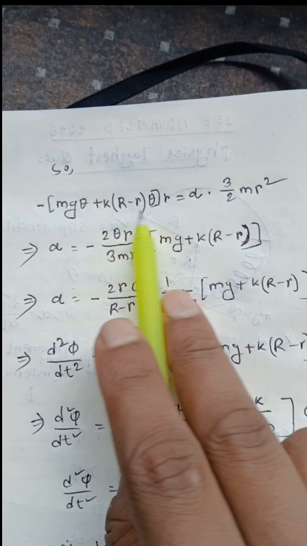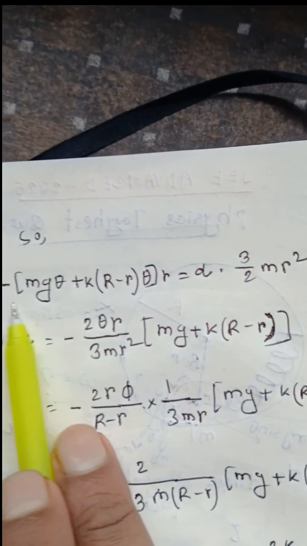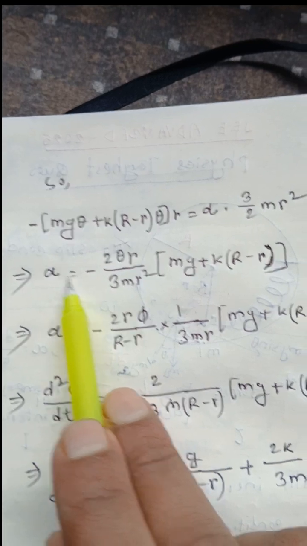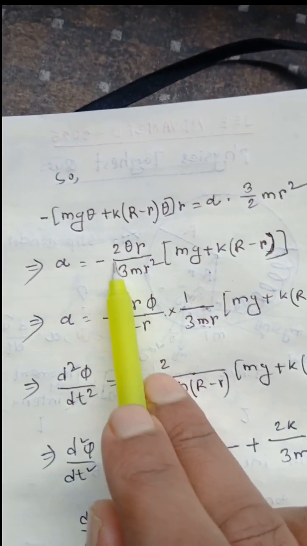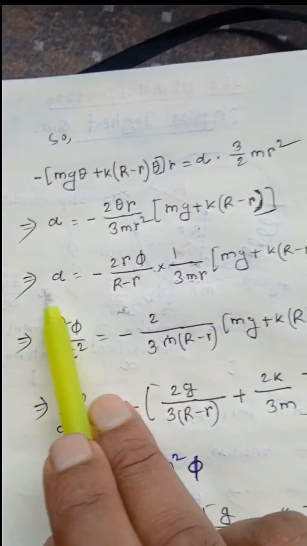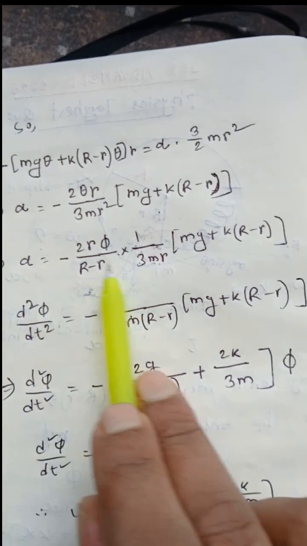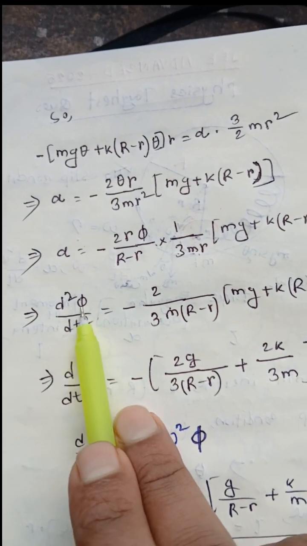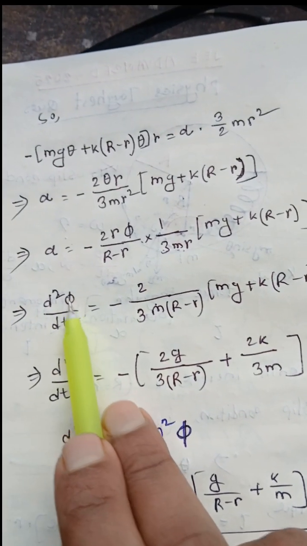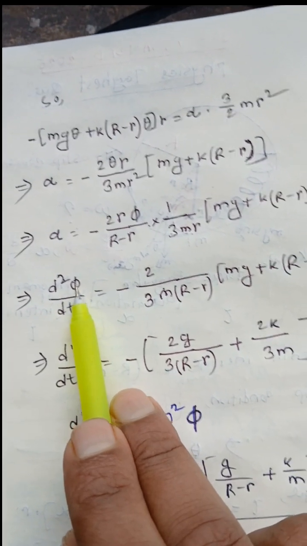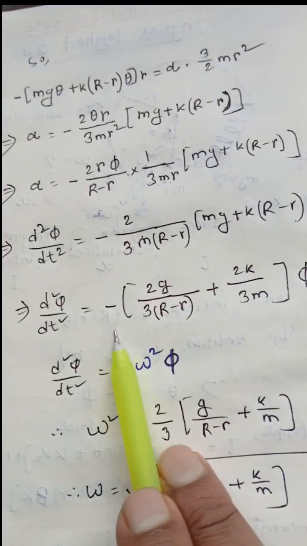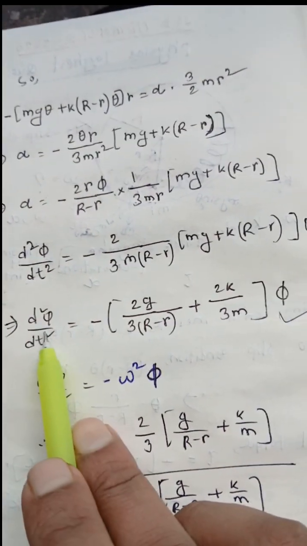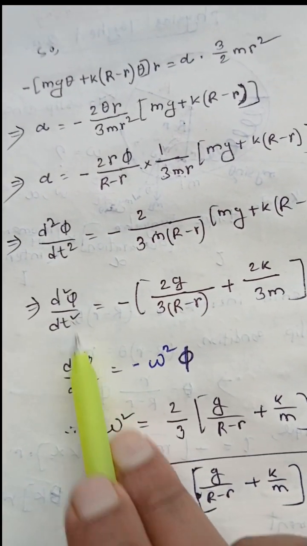Now we put everything together into the equation, and through some calculation we find alpha, the angular acceleration, is equal to this. We know alpha is equal to d square phi by dt square, as phi is the angular displacement of the small disc, and after some calculation we find this result.